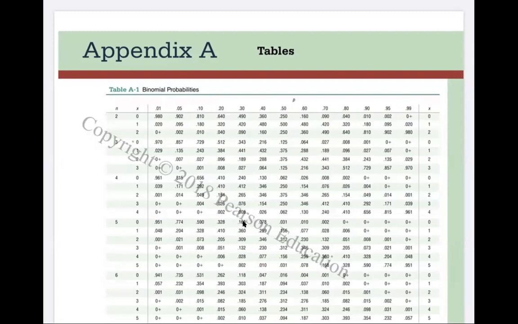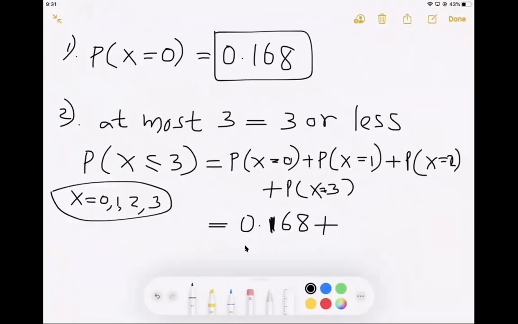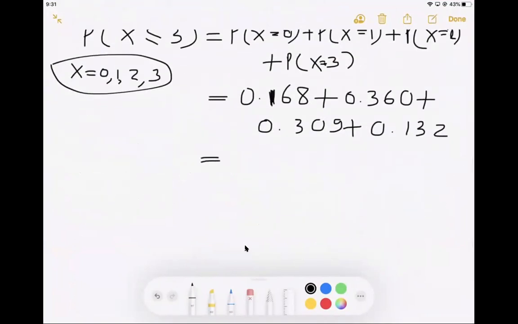You have to add them all, these 4 values, then that will be your answer. 0.360 plus 0.309 plus 0.132. The answer is 0.969. Okay, so this is the answer for the second one.